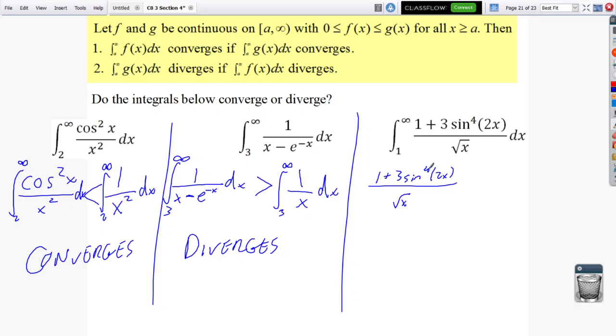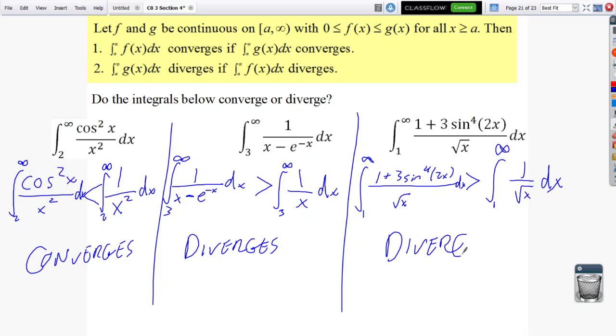We're decreasing the numerator, which means we are decreasing the value of the function. Again, we're trying to do the integral from 1 to infinity of that dx. P is 1/2, so this diverges. This is bigger than infinity, so this is infinity as well, and it diverges.